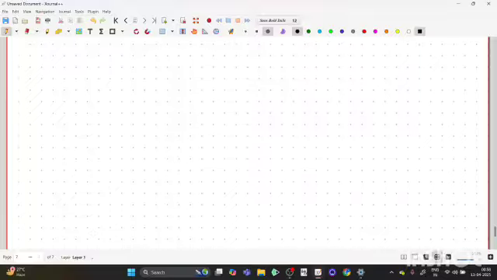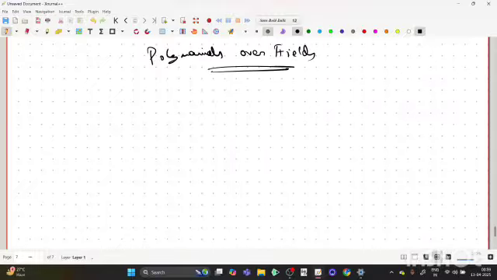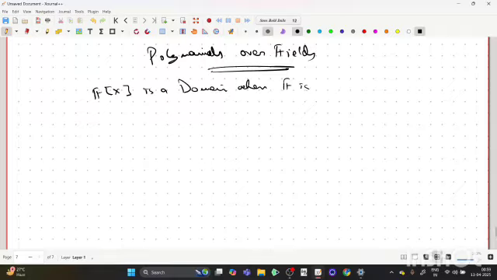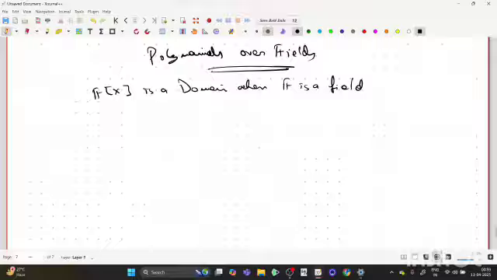So you can take this topic to be our main focus now: polynomials over fields. Okay, so we are going to consider polynomial rings over fields. Now what we have previously concluded is that F[x] is a domain when F is a field, right?